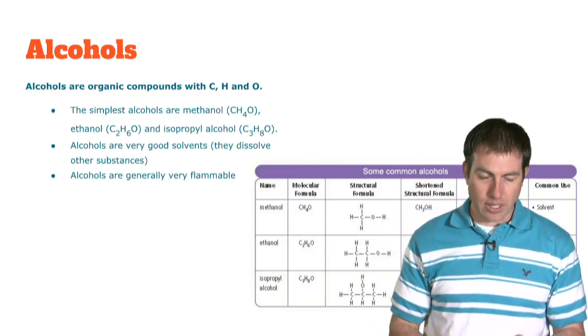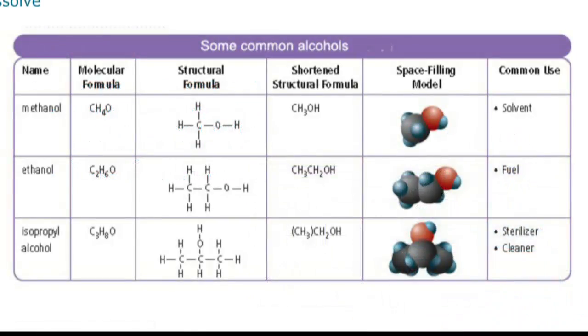When you get to isopropyl alcohol, so this bottom one, things look a little bit different because the oxygen's in the middle. But the oxygen could also be at the end. If you move the red guy over to the end, now that's propanol.